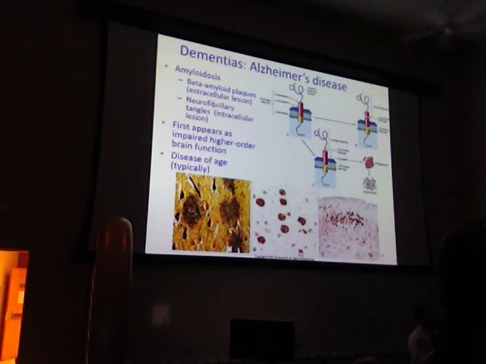And the thing that's interesting is they're identical twins. They have the same genetic makeup, yet one develops it 10 years prior to the other. Okay, so it's not always just genetics. There must be some sort of other environmental influence that we can't account for. So let's take a look at this.